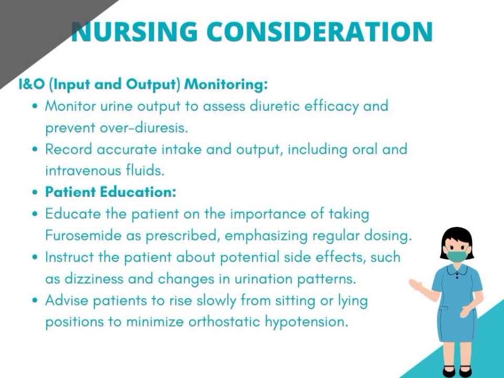For patient education, we should educate the patient on the importance of taking furosemide as prescribed, emphasizing regular dosing, and instruct the patient about potential side effects such as dizziness and changes in urination patterns. We should advise patients to rise slowly from sitting or lying positions to minimize orthostatic hypotension.